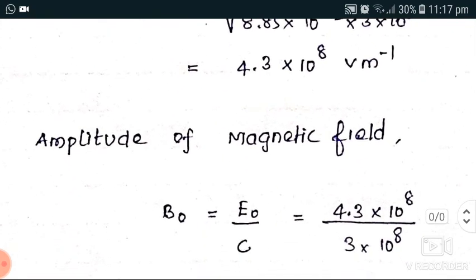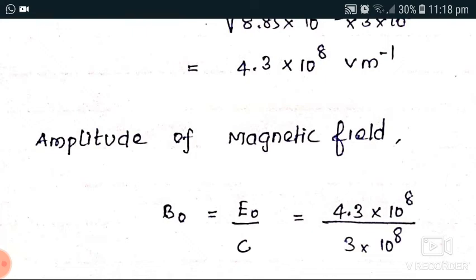Next we will find the amplitude of the magnetic field. The ratio of the amplitudes of the electric and magnetic fields is E naught by B naught, that is equal to c.